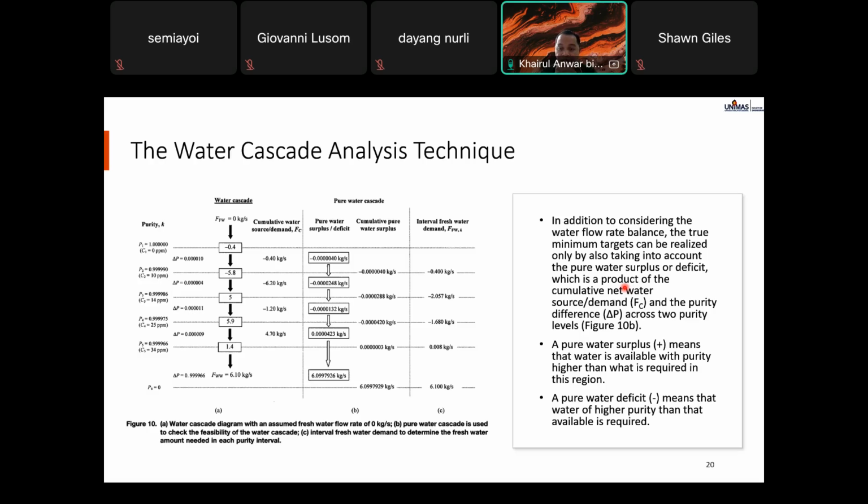The pure water surplus, the positive sign, means the water is available with purity higher than what is required in this region. The pure water deficit, the negative sign, means that water of higher purity than that available is required.